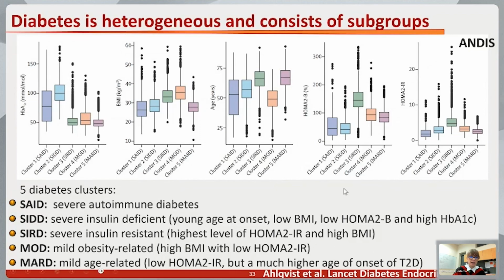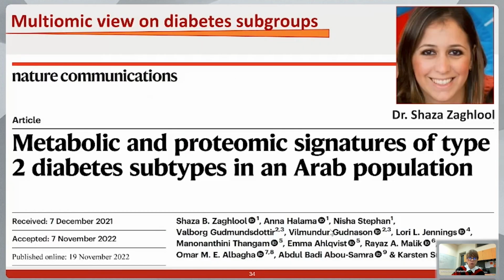And those clusters are defined here. What we were trying to understand is whether those clusters associate with specific molecular features. And this question was asked by Shaza, who is a very good friend of mine. She was looking at whether similar clusters can be created in the Arab population, specifically here in Qatar Biobank.